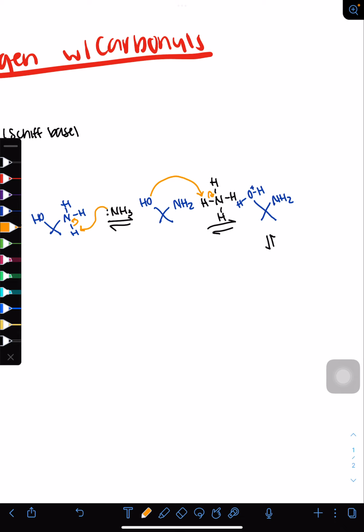This nitrogen gives some of its bond to this bond here, and then this bond will actually leave, so water leaves, which will then give us this with water on the side because it left.